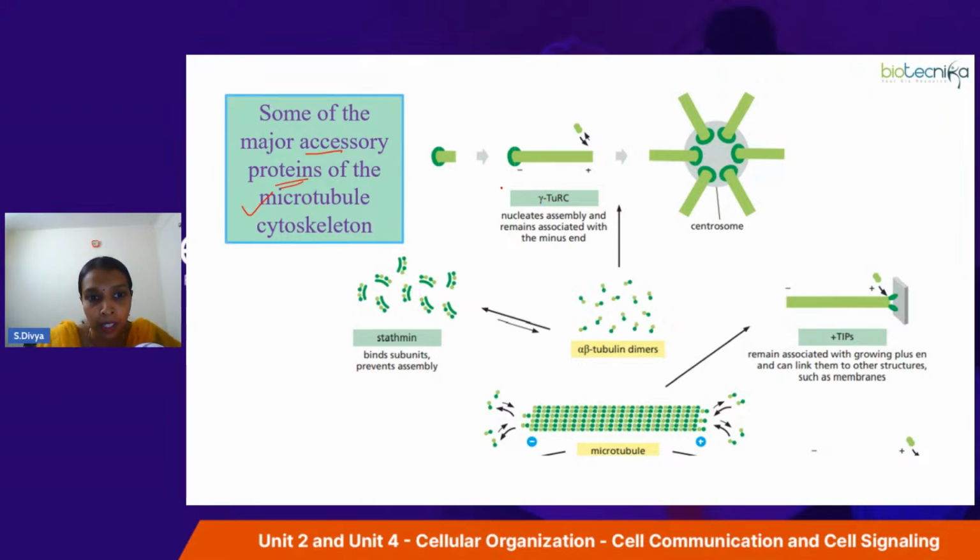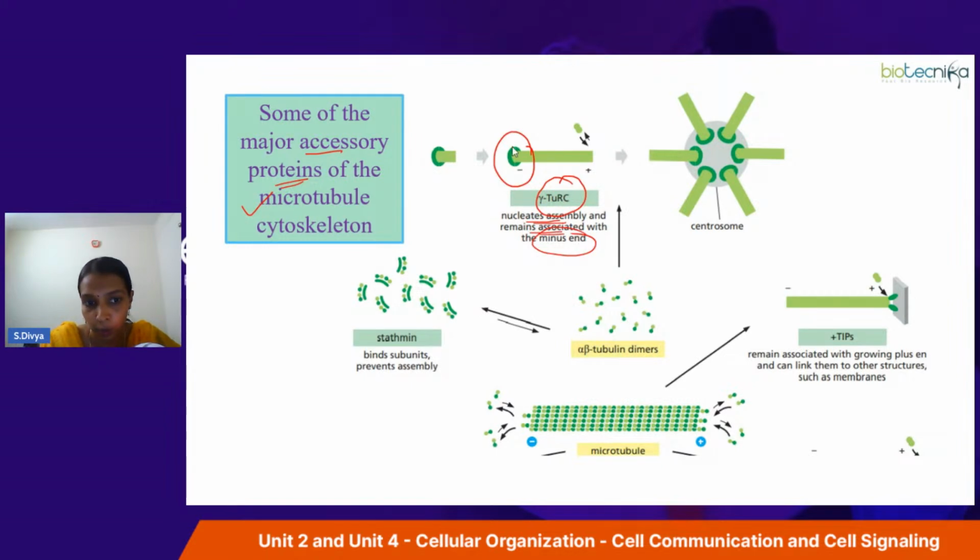For microtubule associated proteins, you have gamma-TuRC, the gamma tubulin ring complex. You have to be very careful whether it binds in the polymerizing or depolymerizing direction. This is responsible for nucleating the assembly and remains associated with the minus end.